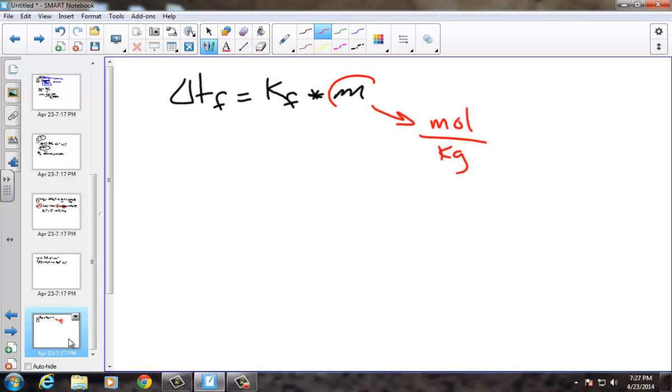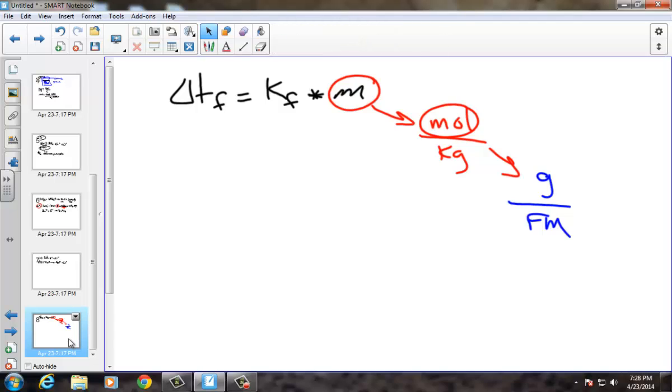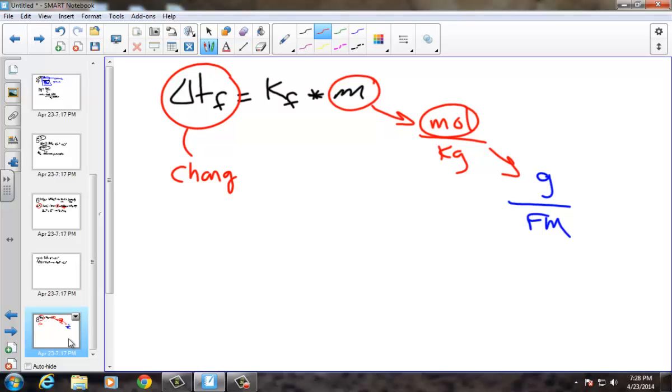And then I'm going to have to first figure out moles, which is grams divided by the formula mass of that substance, and then I can work backwards to calculate a molality. And also remember that this number is just that I calculate. This is my change in my temperature.